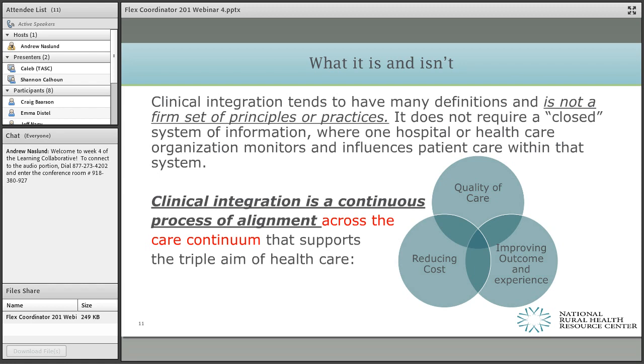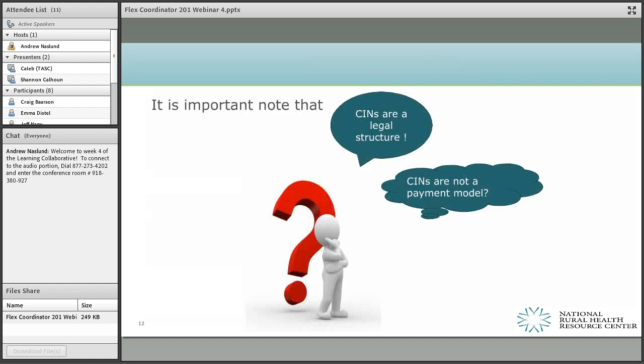So the continuum can be defined, and we'll look at some of the types of integration in just a few minutes, but it supports the triple aim of healthcare, which is better health, better care, lower cost. So again, interesting that clinically integrated networks to some degree align with what we've talked about in the alternative payment model.